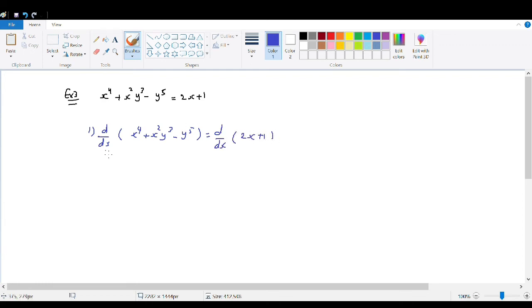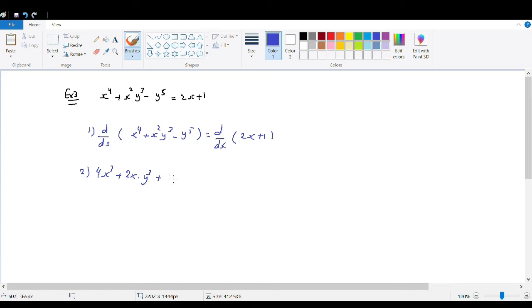Then the second step, we need to differentiate, or distribute the operator of the differentiation. So the derivative of x power 4 will be 4x power 3, plus the derivative of x squared y cubed. So here we will use the product rule. Derivative of x squared will be 2x multiplied by y power 3, plus, now we need to differentiate y cubed with respect to x.